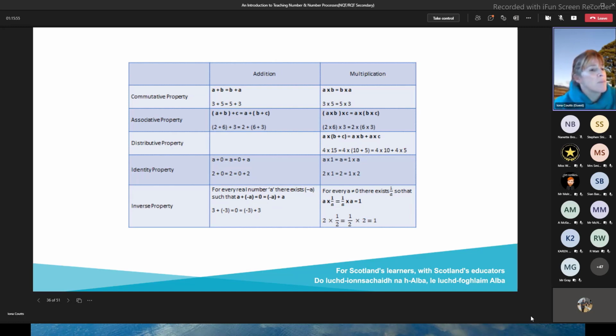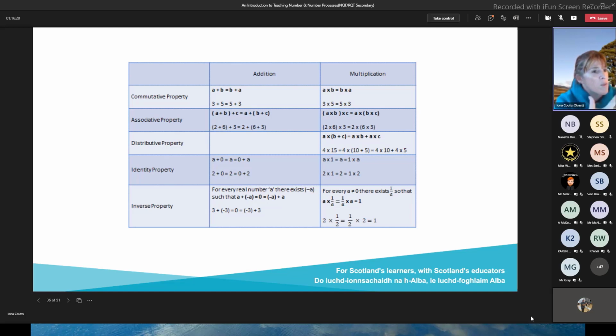So again, just trying to bring a little bit of mathematical formality where we can, where it's appropriate with our learners. We've got this idea of an identity for multiplication, which is 1. If you multiply or divide by 1, you get the same answer, it's unchanged. And similarly, there is a multiplicative inverse as well. So the inverse of 2 is 1/2 or a half, and so on.